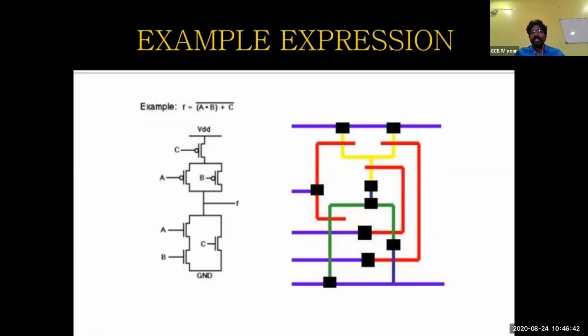And this is one example. The example is given for the Boolean equation y equal to (A dot B plus C) whole bar. A dot B is the dot operator. I have told that for the dot operator, the PMOS will be connected in parallel.